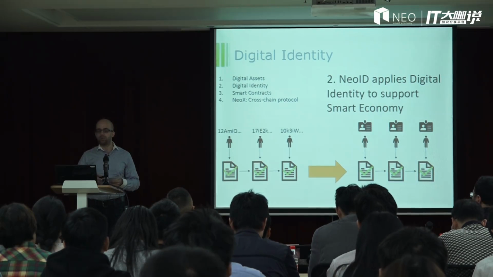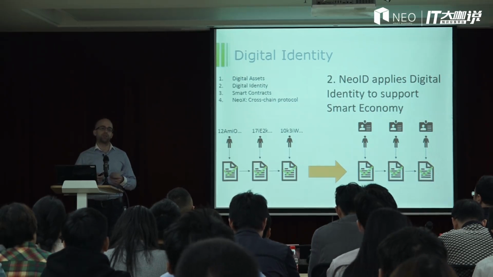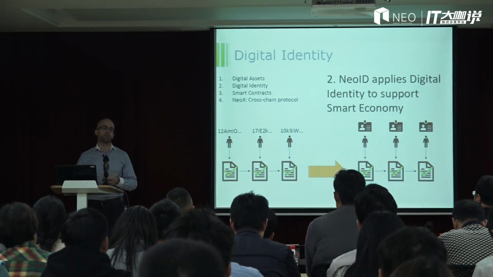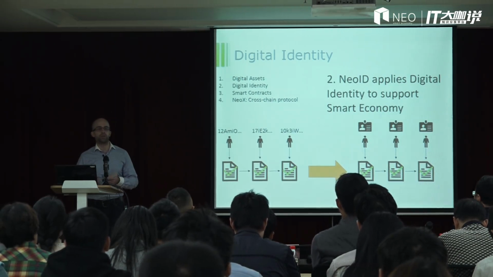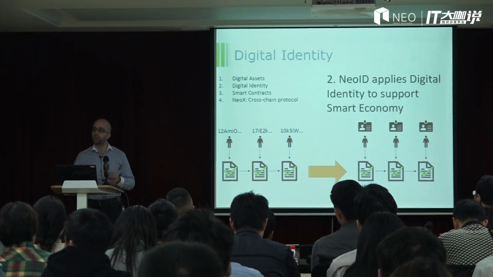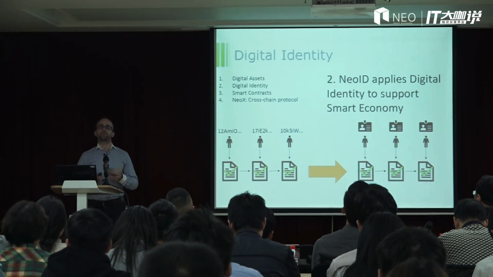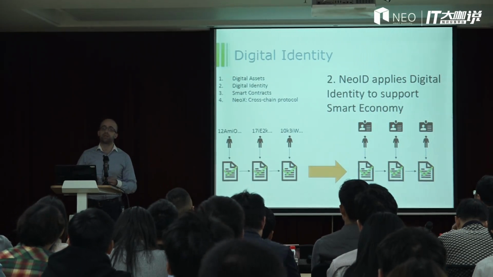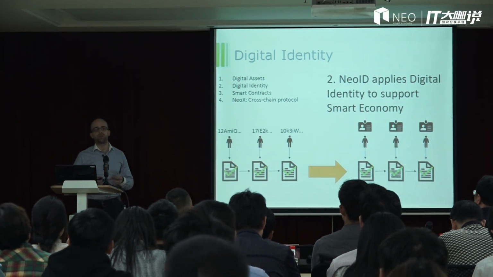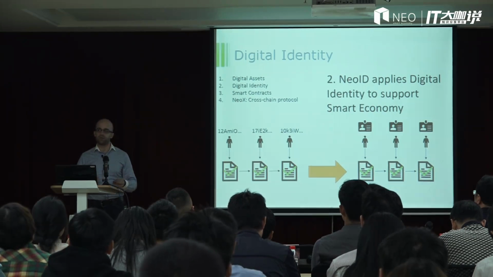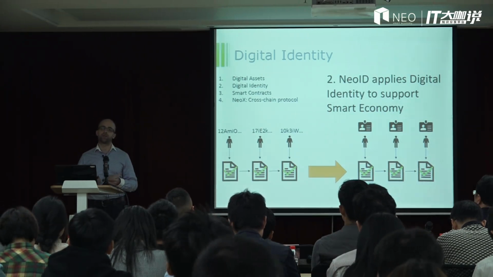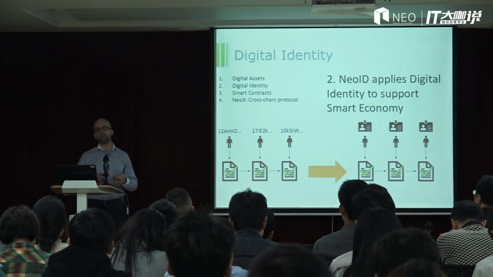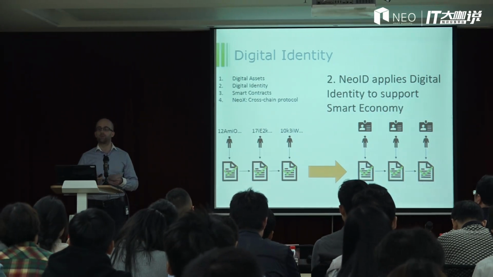For example, if you are trading with someone, you want to send a digital asset to someone, you want to know who you are trading with, you want to know who you are sending it to. If you are coming up to a digital agreement with anyone, you are writing a smart contract, which I will explain on the next slide, then you want to know that all the parties of that contract are real persons and you want to know who they are so that they can also be held responsible and accountable for the things that you have agreed upon.